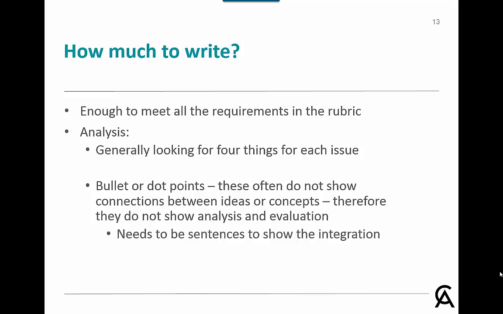Series of dot points or bullet points won't do that for you. So each issue, you need those 4 parts, and don't use bullet points for each of the individual parts inside an issue because you won't be able to show the connections.